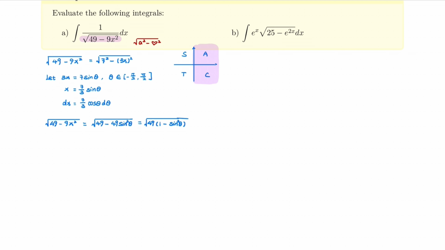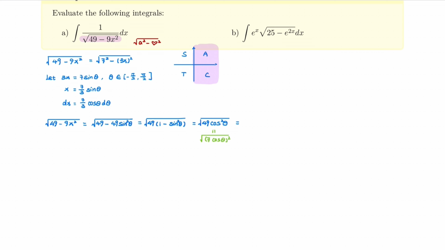Using the trig identity, we can rewrite 1 minus sine theta squared as cosine theta squared. So that becomes 49 times cosine theta squared, which, if you don't understand, you can consider as 7 times cosine theta, whole thing squared.